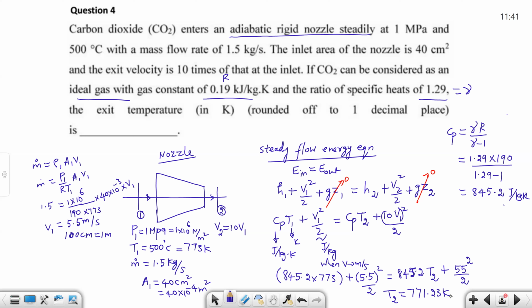You have to write it in one decimal place, so that is 771.2 Kelvin. That is the answer.